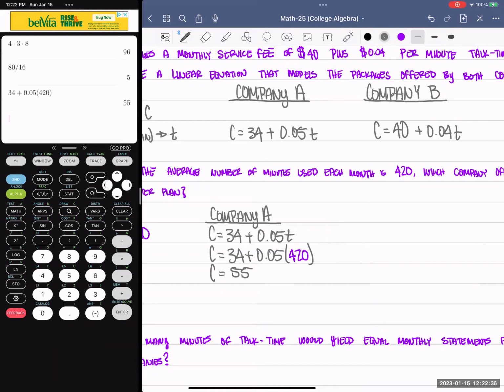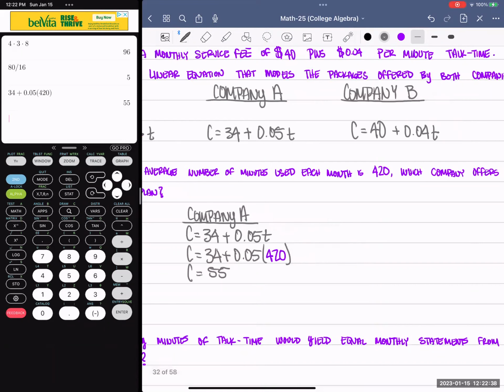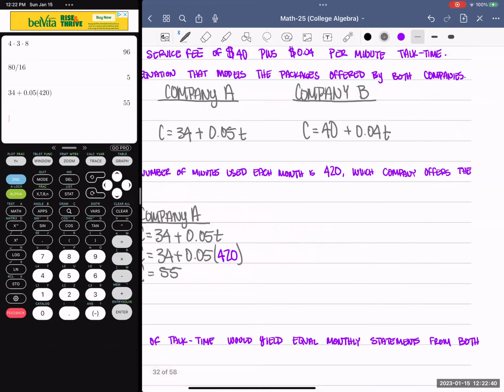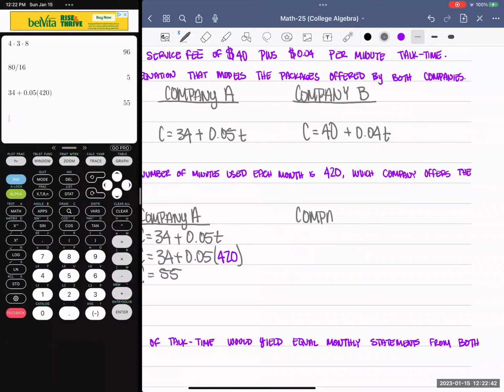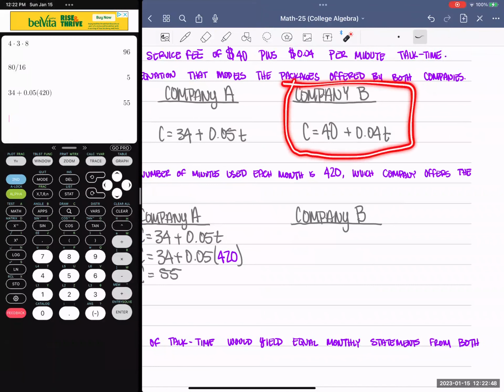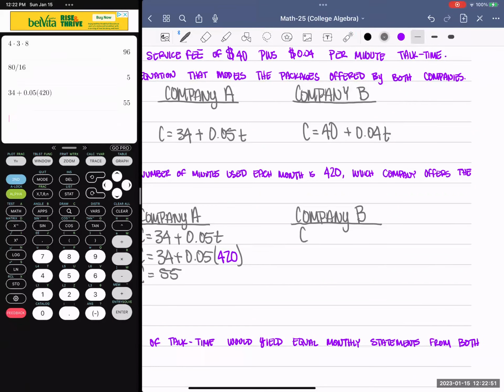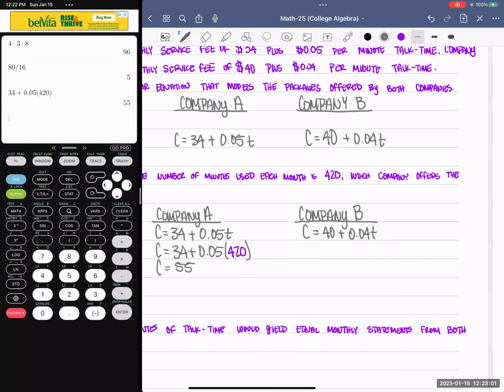So $55 for company A. Let's try company B. For company B, we have our equation here. Cost is going to be equal to $40 plus 4 cents a minute. And here, remember, we have 420 minutes that we're looking at.